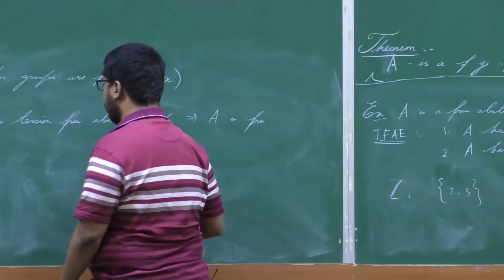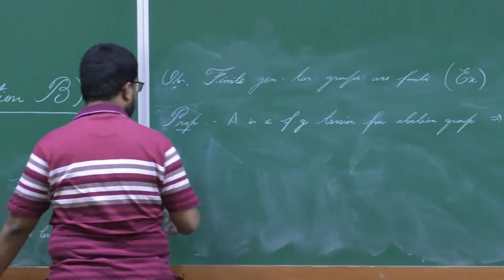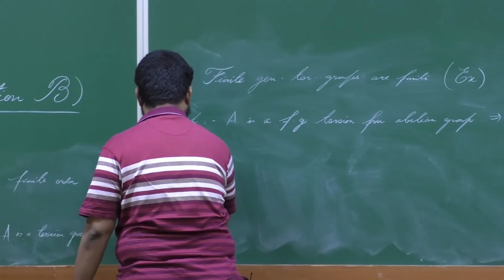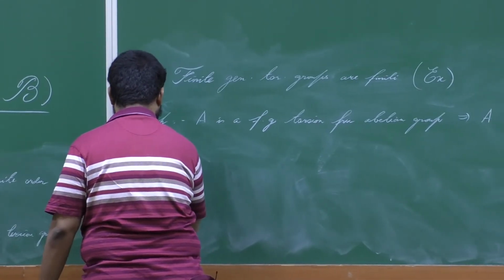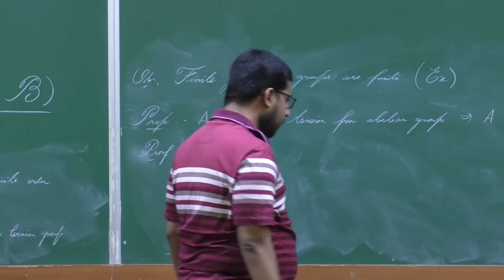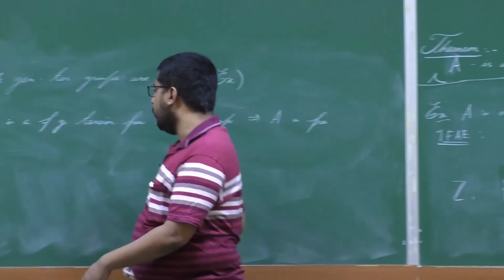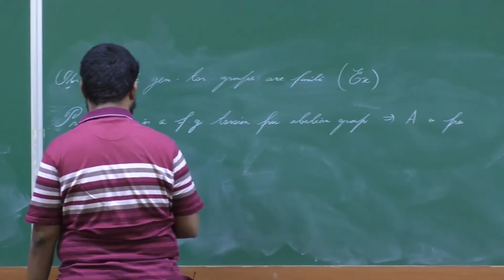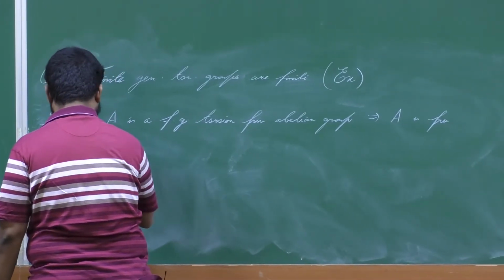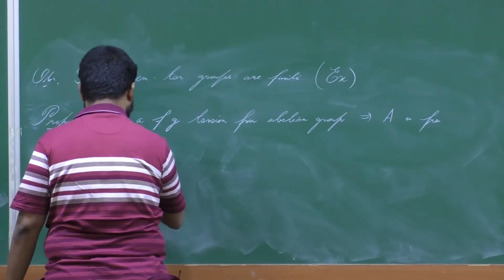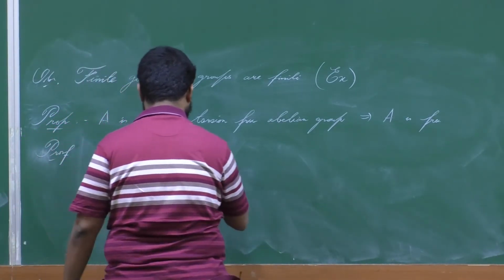Now let me come to this. So this is a finitely generated torsion free abelian group. We are supposed to prove this is free. So it's a finitely generated group.